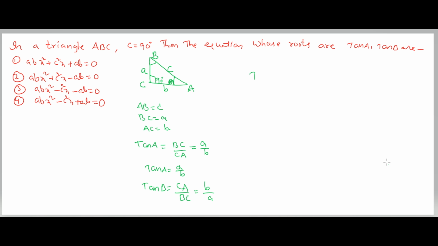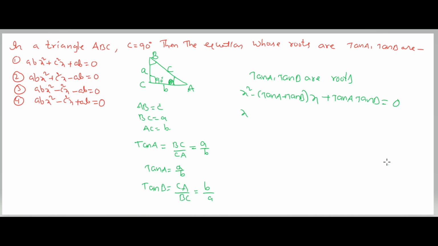Here it is given that tan A, tan B are the roots. So the quadratic equation is x square minus (tan A plus tan B) into x plus tan A into tan B is equal to 0.